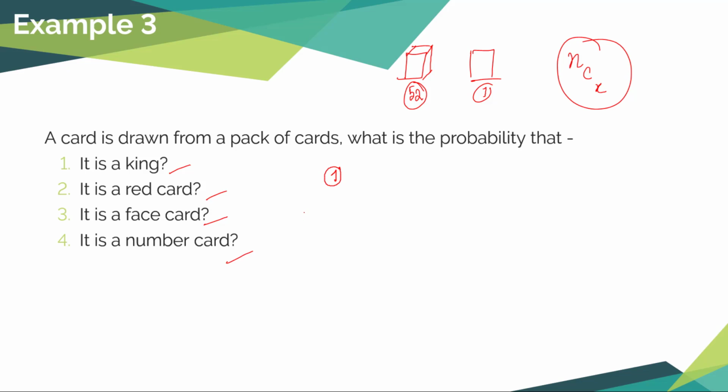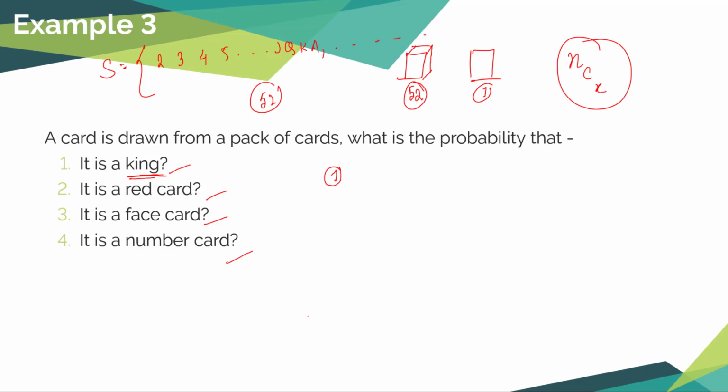The solution of the first one: it requires a king, right? We know the total number of cases in this case is 52. If you write down the sample space, it will be something like 2, 3, 4, 5, J, Q, K, A of clubs, diamonds, spade, heart, everything.